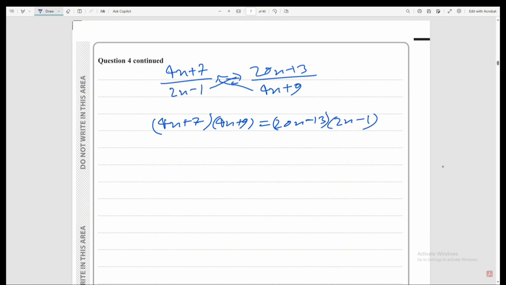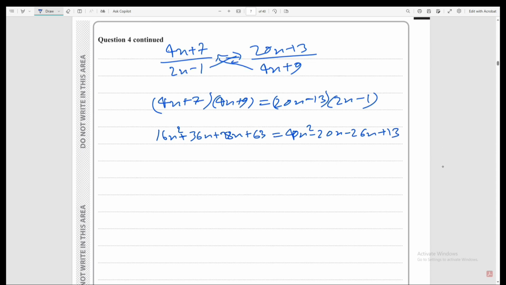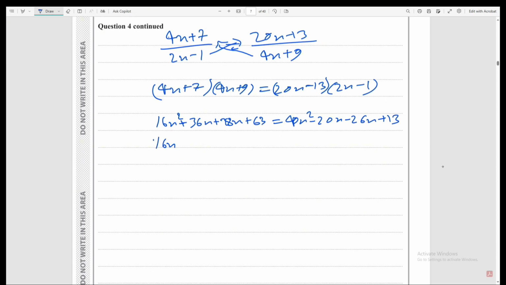If we simplify this equation, we get 16x squared plus 36x plus 28x plus 63 equals, and if we simplify the right side, 40x squared minus 20x minus 26x plus 13. Simplifying further gives us 16x squared plus 64x plus 63 equals 40x squared minus 46x plus 13.